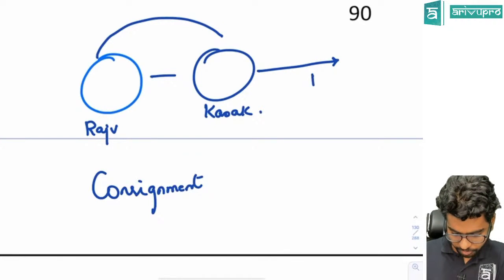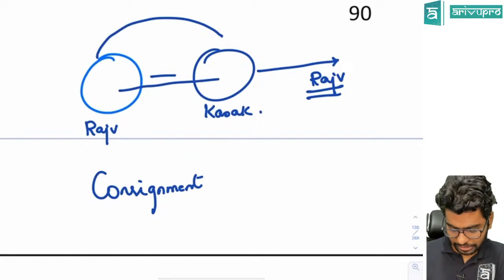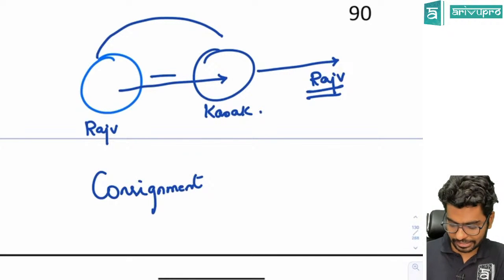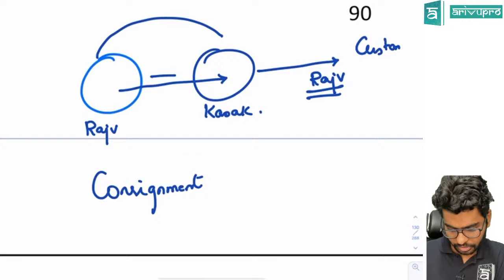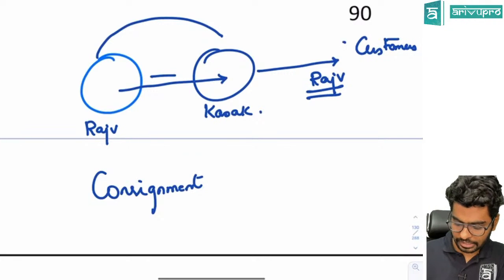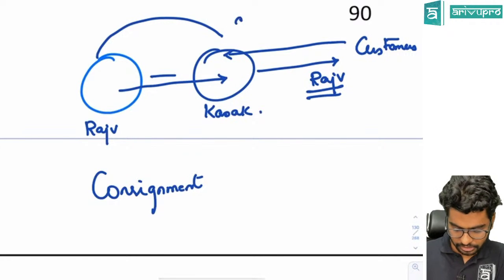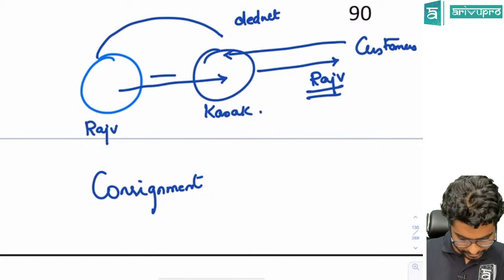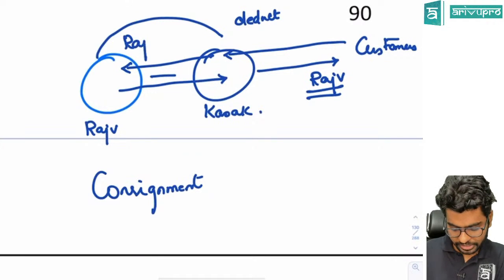Kasak will sell on behalf of Rajiv. Rajiv is sending goods on consignment to Kasak, and Kasak is going to be selling it on behalf of Rajiv to the customers. Kasak will collect money from the customers. Remember this, deduct all the expenses and then transfer it to Rajiv.